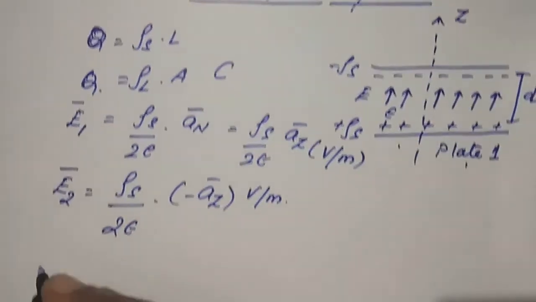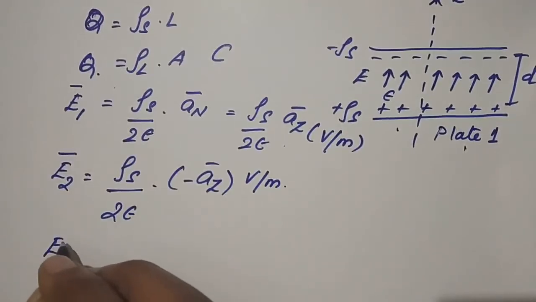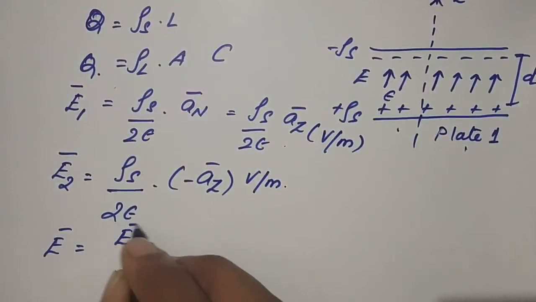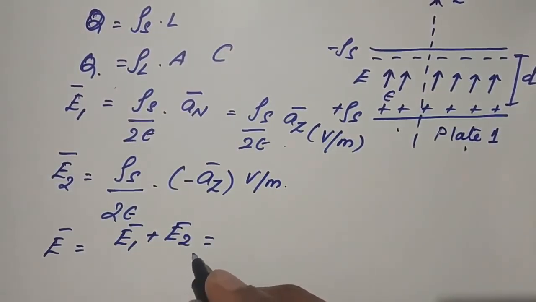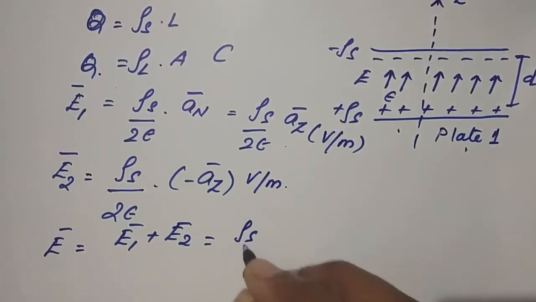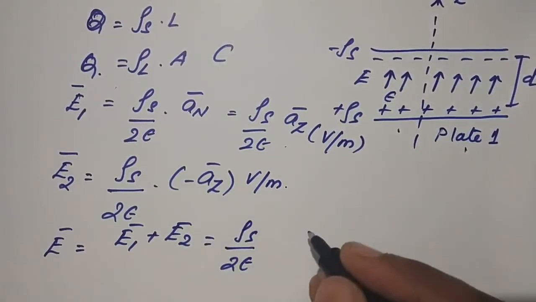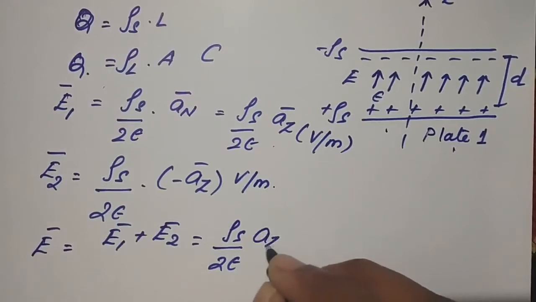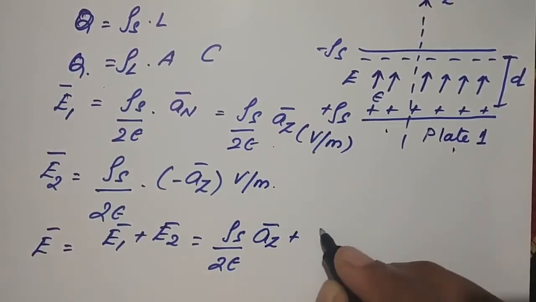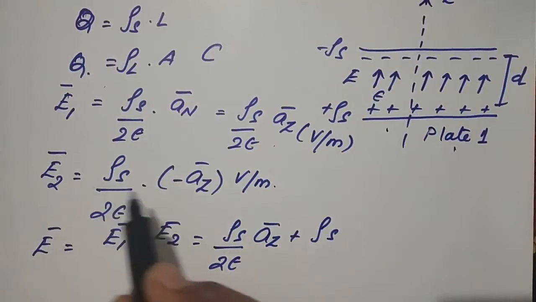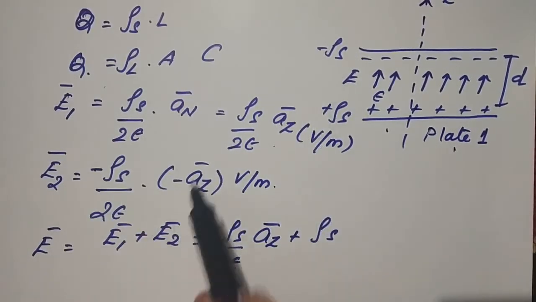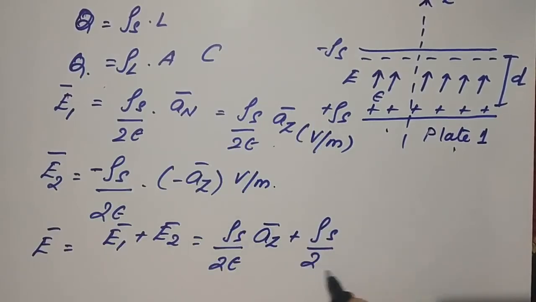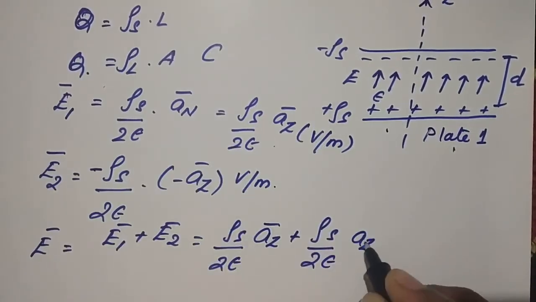So what will be my total electric field intensity? E will be equal to the addition of E1 and E2, which I can write as rho s by 2 epsilon into az plus rho s by 2 epsilon, negative because of the minus rho s, and negative into negative becomes positive, into az.